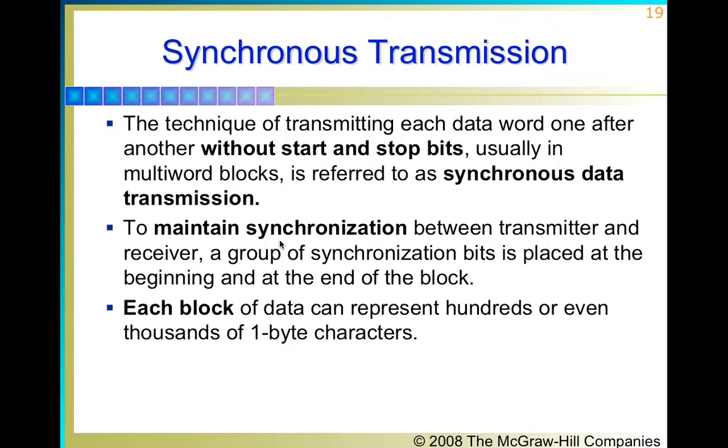But these synchronization bits are not as large a percentage as in asynchronous transmission, where every 7-bit or 8-bit ASCII code has a start and a finishing bit. Over here we can send hundreds and thousands of information bits in between, with synchronization bits before the start and at the end, and that information of about 100 bits or 1000 bits can be referred to as a block of information.